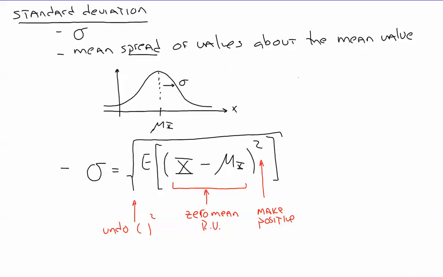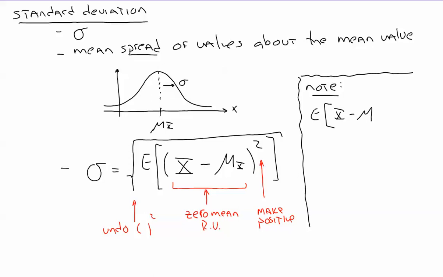Let me make an aside note over here. Note: the expected value of any random variable minus its mean is exactly 0. So let's think about that for a second.